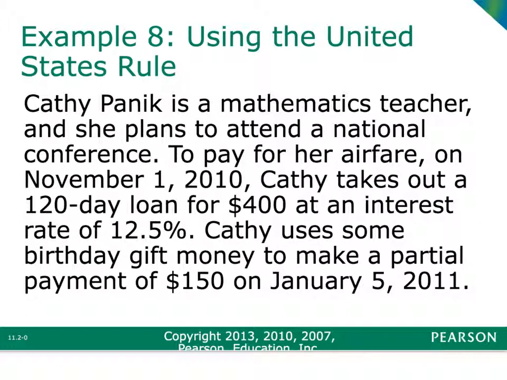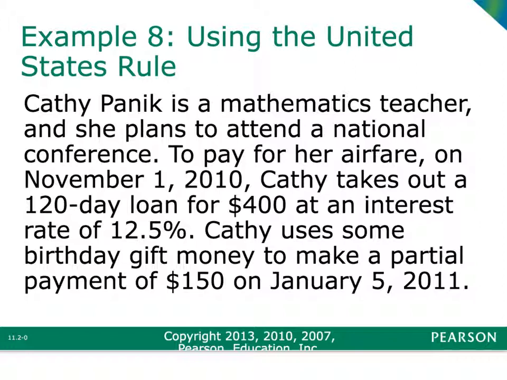Okay, Kathy Panic is a mathematics teacher, and she plans to attend a national conference. To pay for her airfare on November 1st, 2010, Kathy takes out a 120-day loan for $400 at an interest rate of 12.5%.